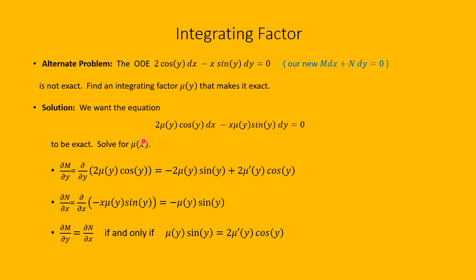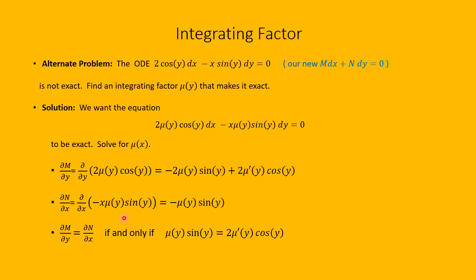On the other hand, if we look at the partial derivative of n with respect to x, that's the partial derivative with respect to x of minus x mu of x sine y. And when you differentiate that, you get minus mu of x sine y minus x mu prime of x sine y. Why do we get these two terms?